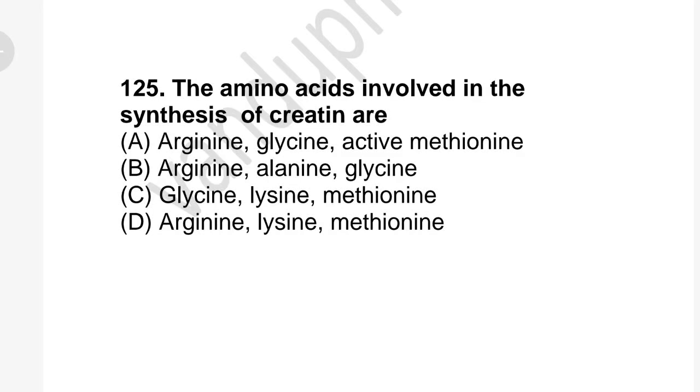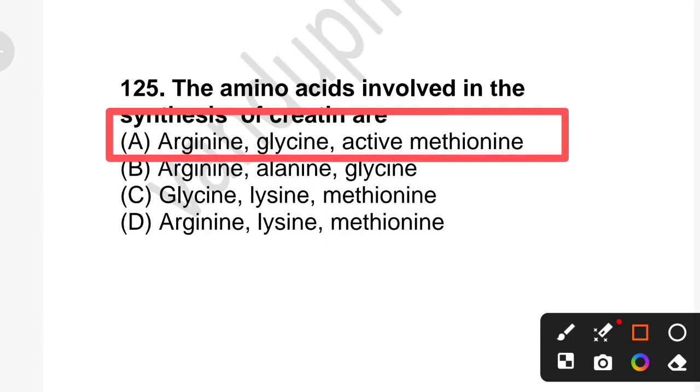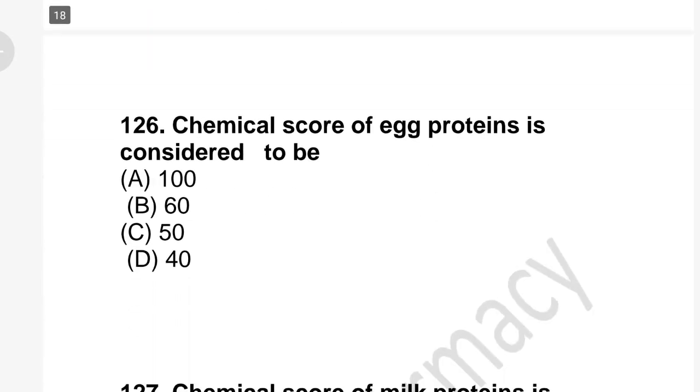The amino acids involved in synthesis of keratin are option A arginine glycine methionine, option B arginine alanine glycine, option C glycine alanine methionine, option D arginine lysine methionine. Right answer is option A. Chemical score of egg protein is considered to be option A 100, option B 60, option C 50, option D 40.